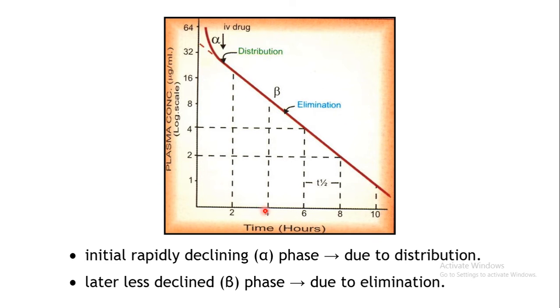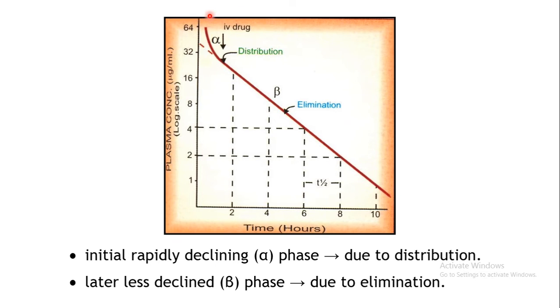After 4 hours, again I have measured the plasma concentration, and I have found that it is 8 micrograms per ml, and so on. After every 2 hours interval, I have measured the plasma concentration and plotted it on the y-axis. When I join all these points, I will get a particular curve, right?